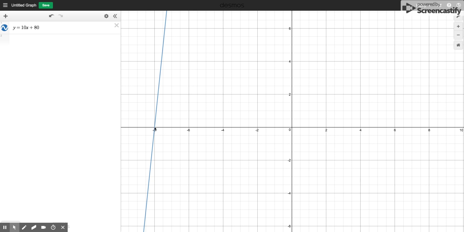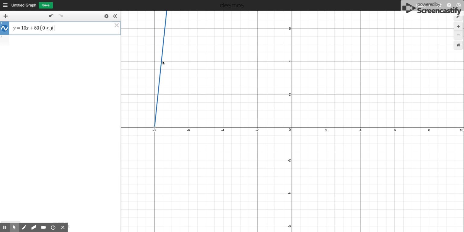If I wanted to start here and end there, I'd probably want to tell it to start at 0, right? This is like 0, and end at like, I don't know, 4. So you're telling it the bottom number is 0, 0 less than or equal to y. Look, it's cut off right here.